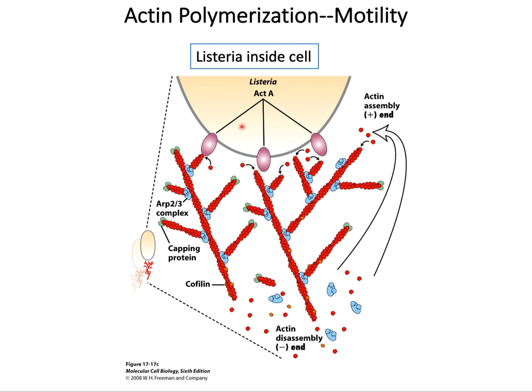And once the conformation is changed in a way that it can bind to the side of the actin filaments, well, as it turns out, ActA will activate the Arp2/3 complex. And in doing so, a lot of Arp2/3 binding to actin filaments in the region around the bacterium in the cell will happen. So there is a rapid growth of these branches. And as these branches are growing at the plus end and depolymerizing at the minus end, the bacterium is actually being propelled forward on this actin tail. So this shows the whole of the bacterium, and this is the actin tail behind it.